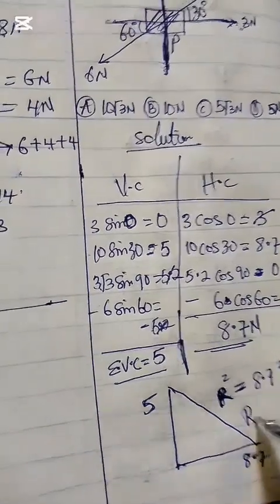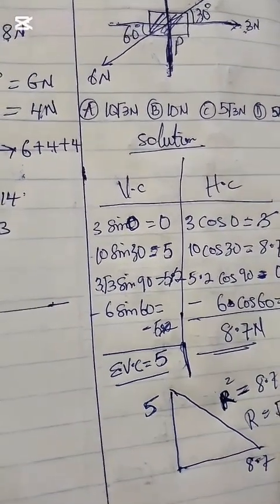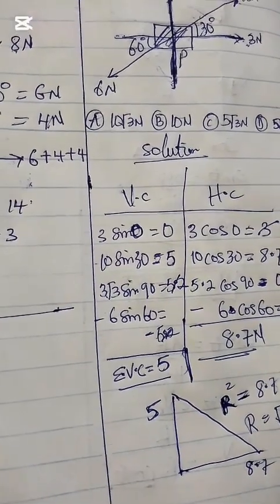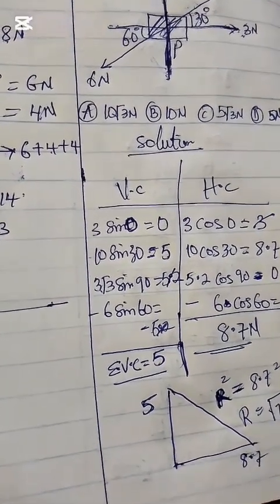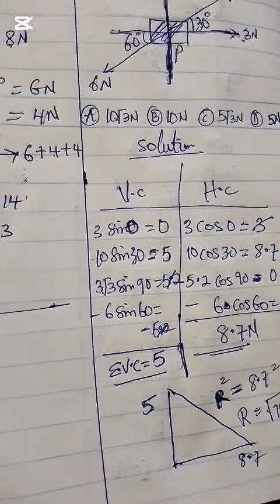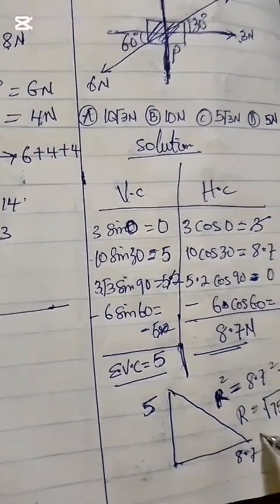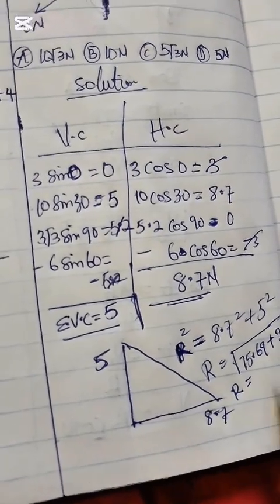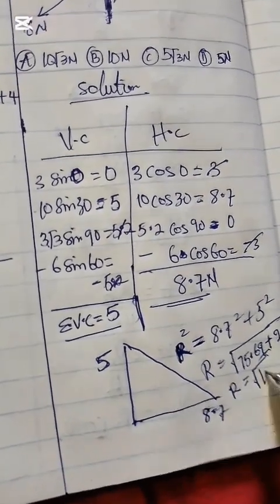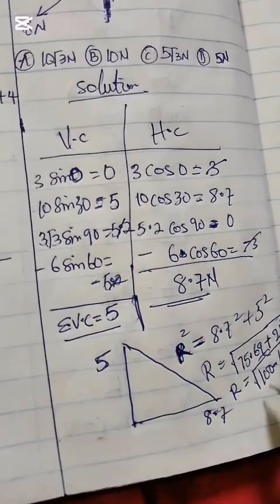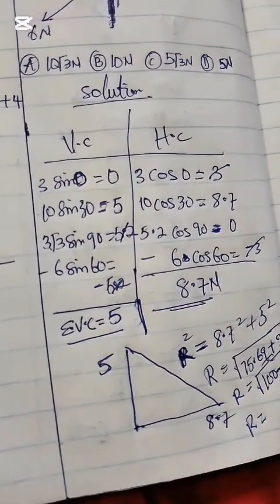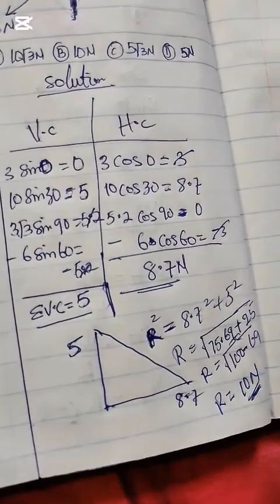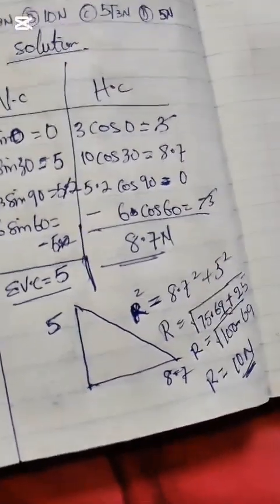What is 8.7 square? 8.7 square will give us 75.69, plus this square will give us 25. So if I add these up, 75.69 plus 25 will give us 100.69. If I take the square root of 100.69, I have 10 approximately. So the answer to the question is 10 Newton approximately.